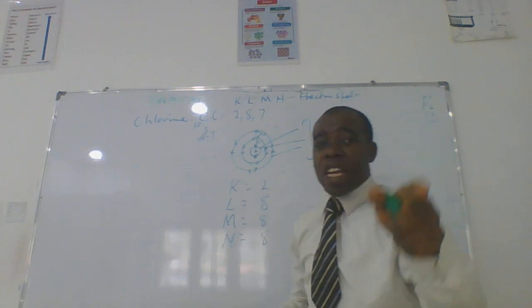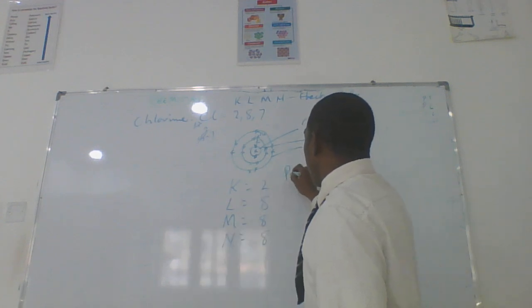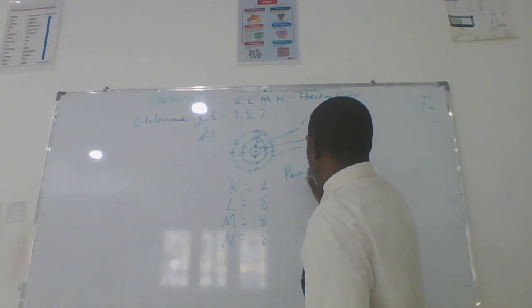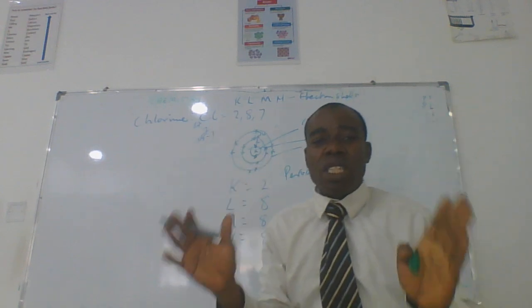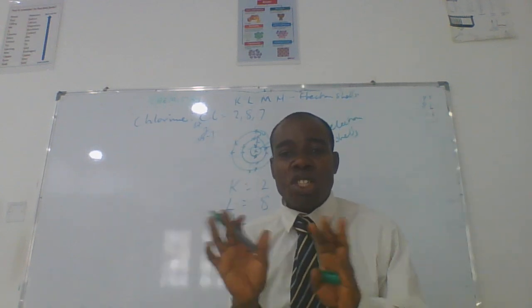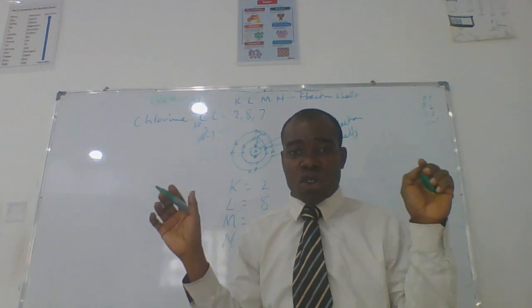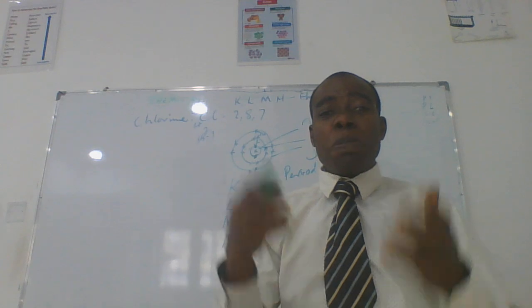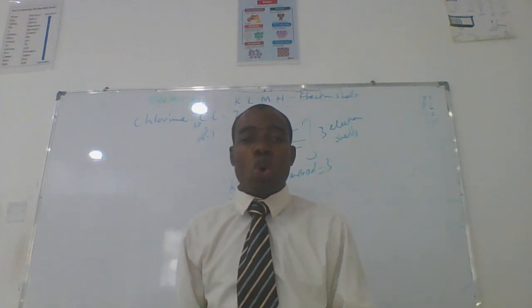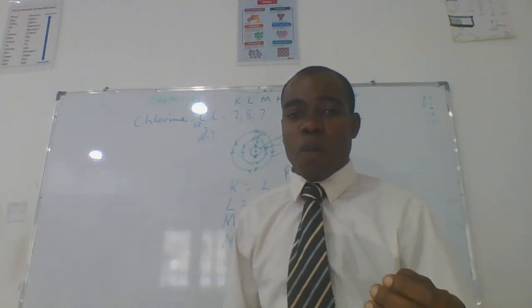Hence chlorine belongs to period 3, because it has just 3 shells occupied by its electrons. This is how you can determine which period an element belongs to in the periodic table.